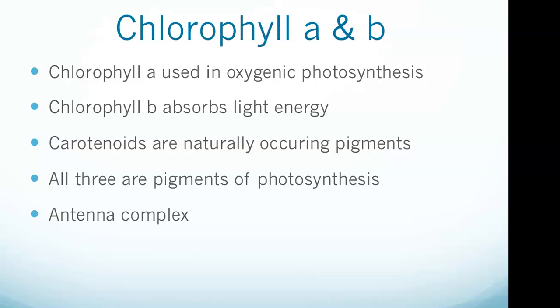Chlorophyll A is a specific form of chlorophyll used in oxygenic photosynthesis. It absorbs most energy from wavelengths of violet-blue and orange-red light. It also reflects green-yellow light, and as such contributes to the observed green color of most plants.